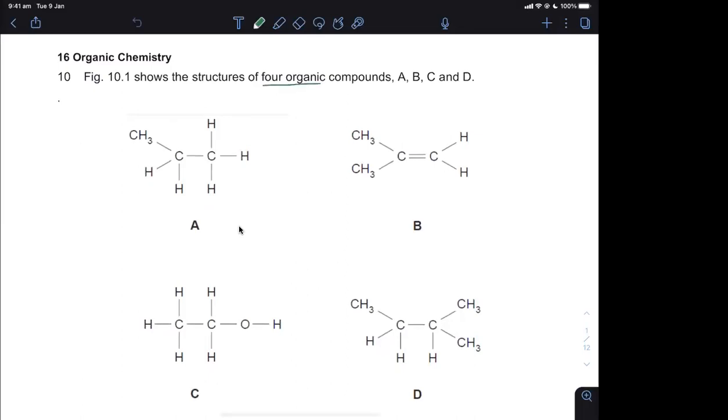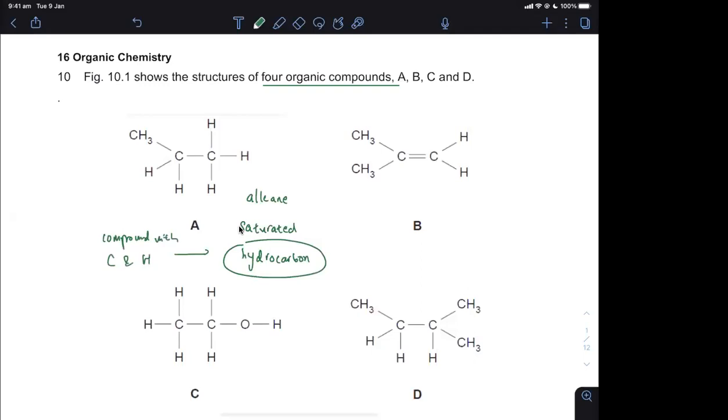We have a structure of 4 organic compounds. So this is very clearly an alkane. How do I know it's an alkane? Because everything is saturated. This is called a saturated hydrocarbon. There are 2 bits to this definition. Hydrocarbon means it's a compound containing carbon and hydrogen atoms only.